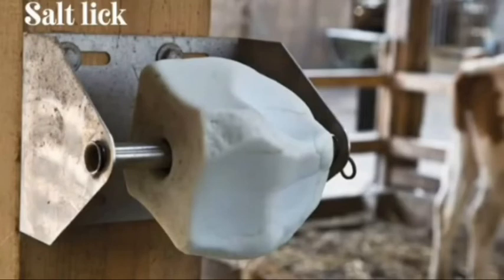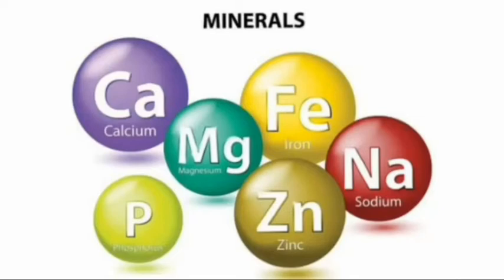Minerals and vitamins. Now salt licks contain minerals and vitamins. They are particularly placed at the corners of the farm, that is, under intensive condition. They are placed around corners where animals can go and lick.